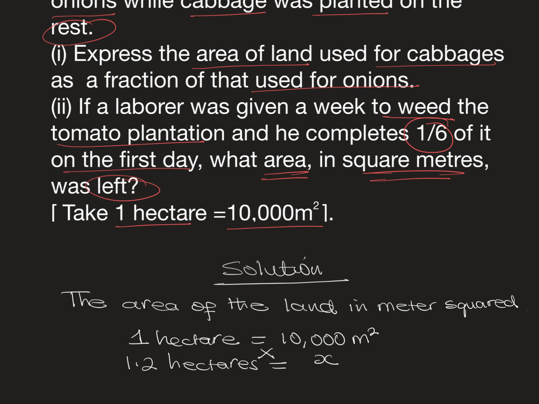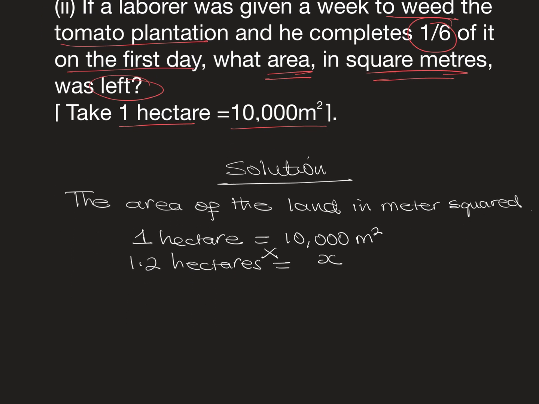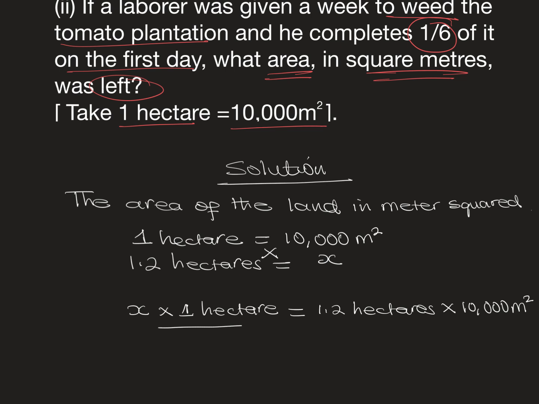If we cross multiply, we'll have x times 1 hectare is equal to 1.2 hectares times 10,000 meter squared. So to find x, we'll divide both sides by 1 hectare.